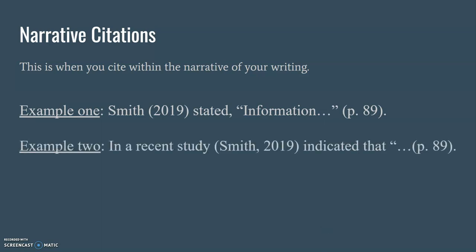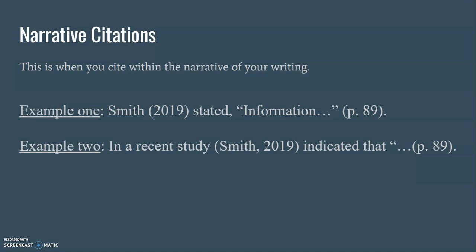Another example would be, in a recent study, Smith, 2019, indicated that, page 89. So as you can see, the citation is still kind of broken up, but it's there surrounding the stuff that it is concerned with.